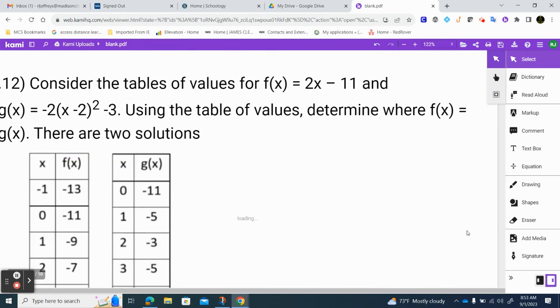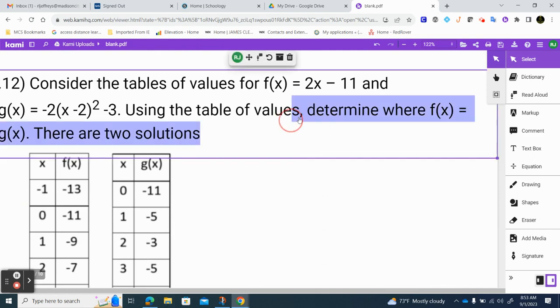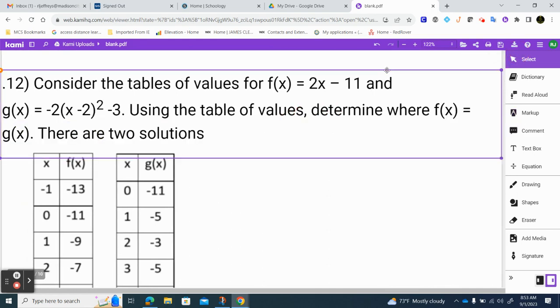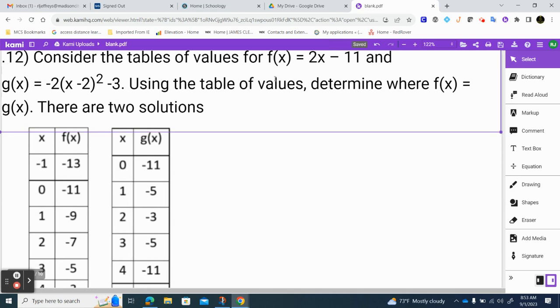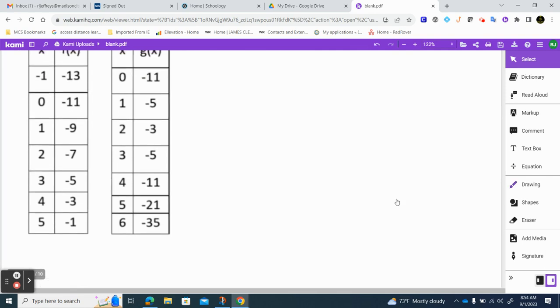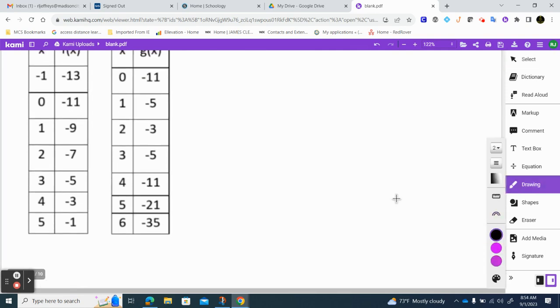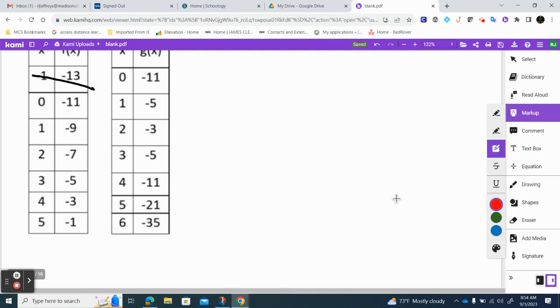All right, and the last one. Now, on the actual assignment in the Schoology, this is a true or false question. When you see a table, look for matching points, matching X and Y. First off, this has a -1. Does this have a -1? Nope. So, boop. Okay. It looks like these two are exactly the same.